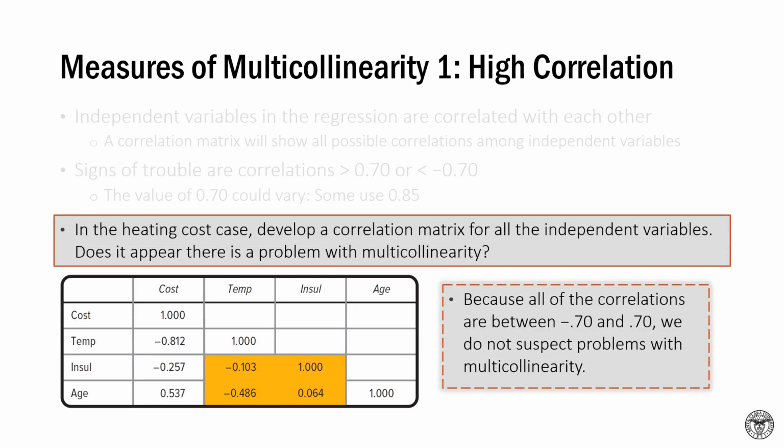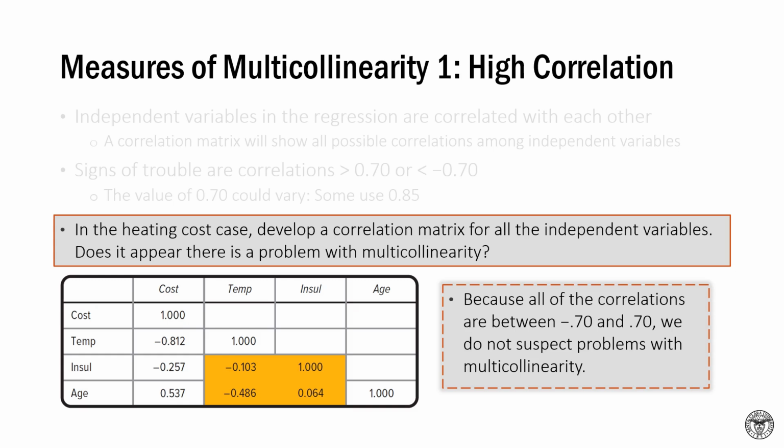In order to ascertain whether multicollinearity is a significant concern in the heating cost case, we construct a correlation matrix. This matrix displays the correlation coefficients for all variable pairs.